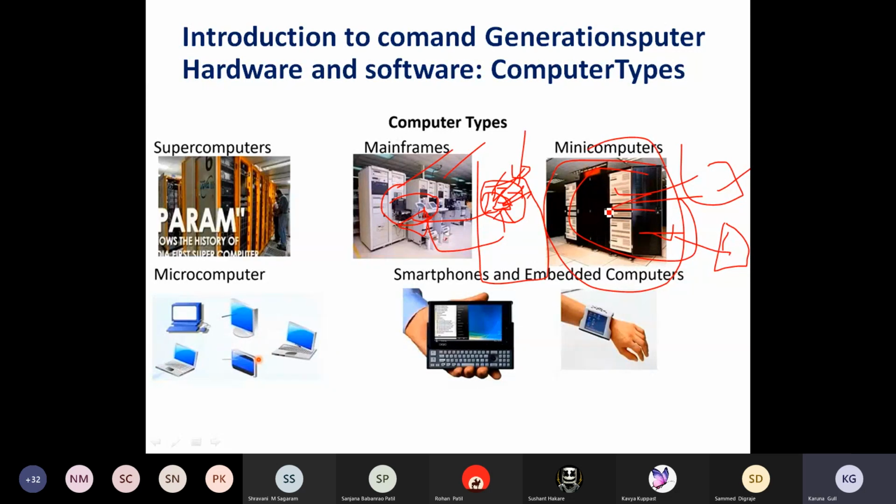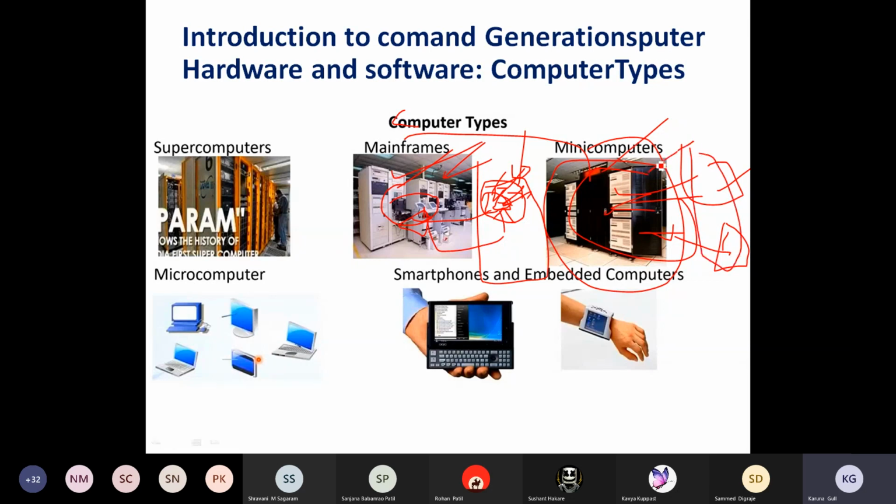These are usually used, as I already mentioned, for small scale industries rather than bigger organizations. This is very similar to the mainframe computers, but smaller in size, and the work you can expect out of it is a little less compared to the mainframe computers, because its cost is lower.